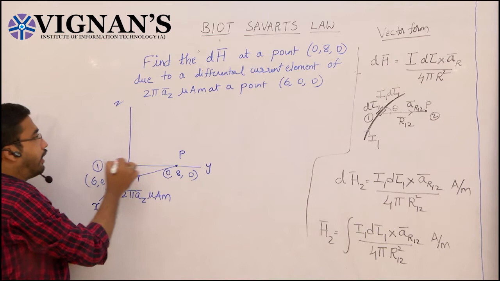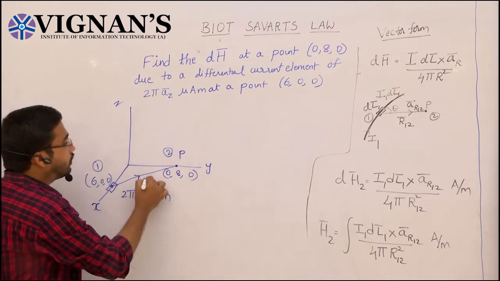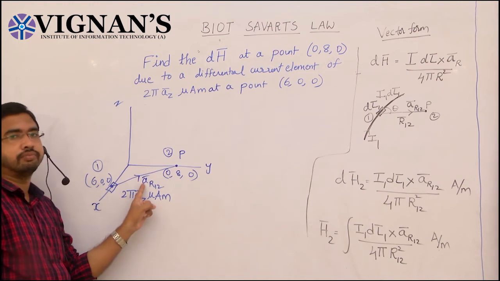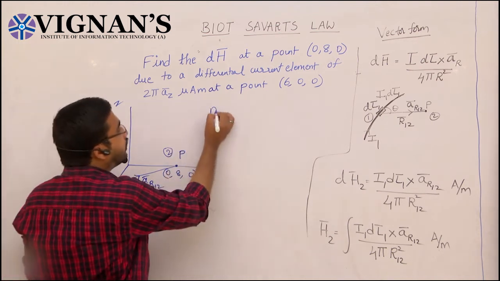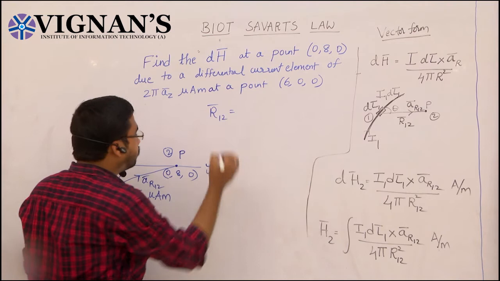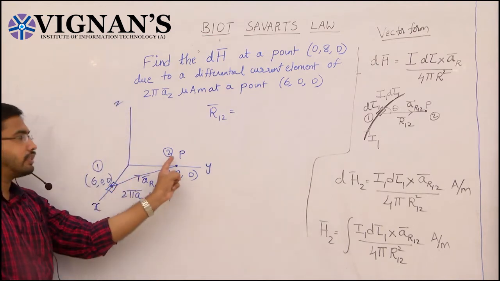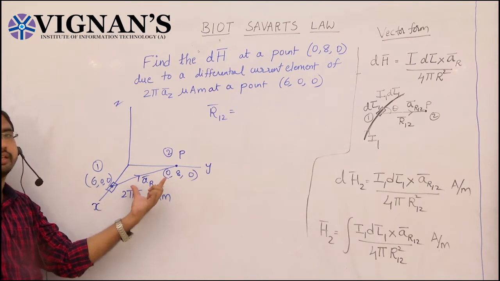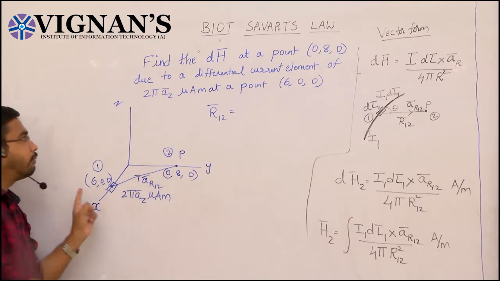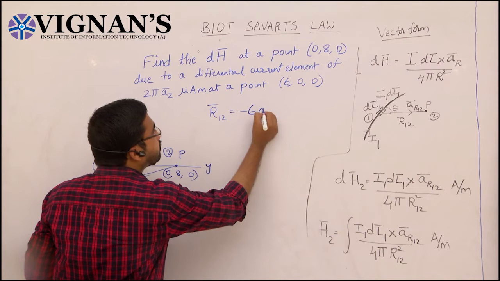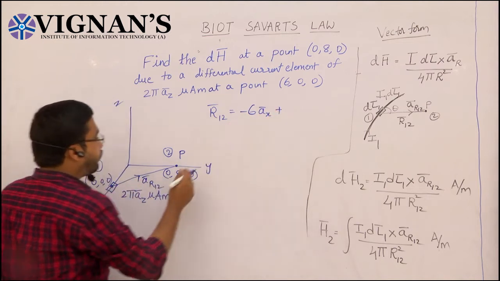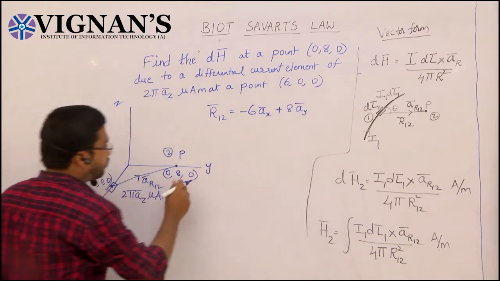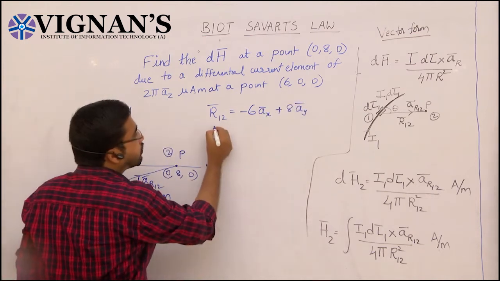This is the first point, this is the second point. So ar12 is the unit vector in this direction. First we need to find the distance vector r12. You are going towards the second point, so second point minus first point will give you the distance vector in this direction. That means 0 minus 6 is minus 6 ax bar plus 8 minus 0, 8 ay bar, 0 az bar. What is the magnitude?